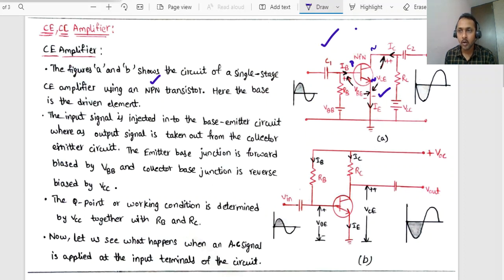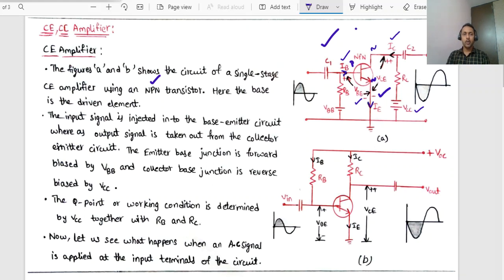So we have considered an NPN transistor. In this diagram, VBE indicates the voltage across the base and emitter. IB indicates the base current. IC indicates the collector current. VCC is the collector terminal voltage. IE is the emitter current.